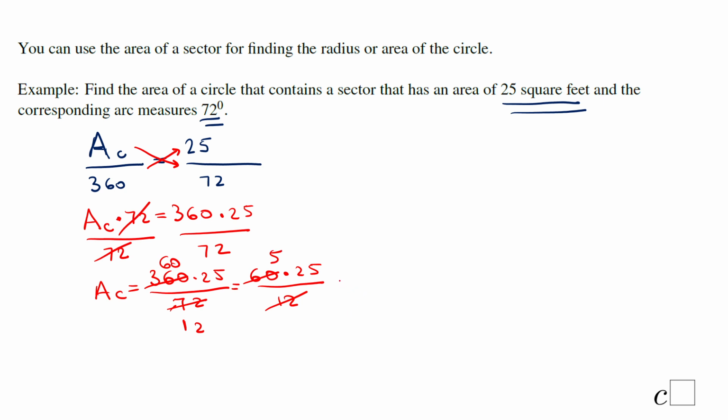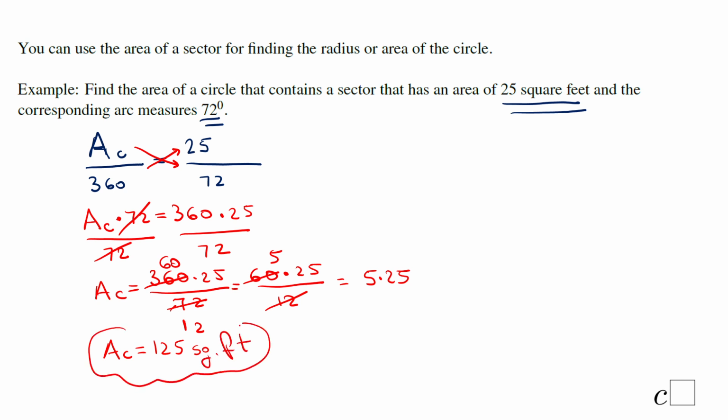So we're gonna have left only 5 times 25, which is gonna be 125 square feet. This is the area of the circle for which the area of a sector that is 72 degrees is 25 square feet.